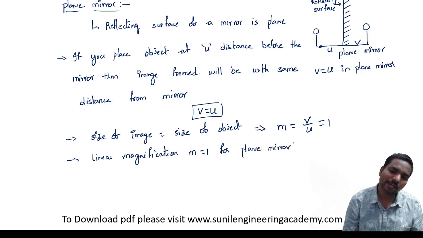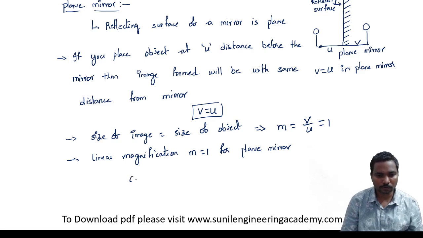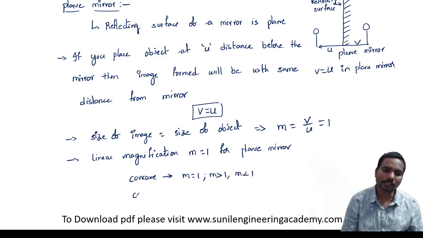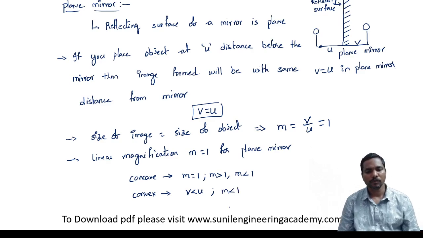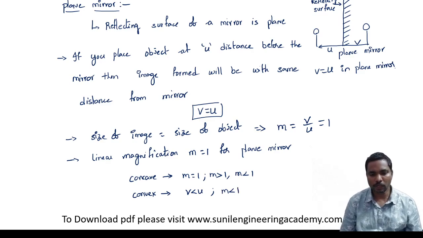We know this value for concave. In case of concave, there are possibilities of all: m is equal to 1, m is greater than 1, m is less than 1. In case of convex, only v less than u, which means m is less than 1 only.